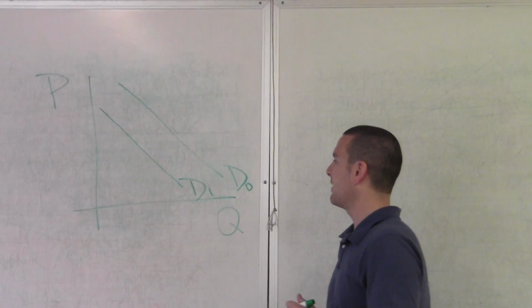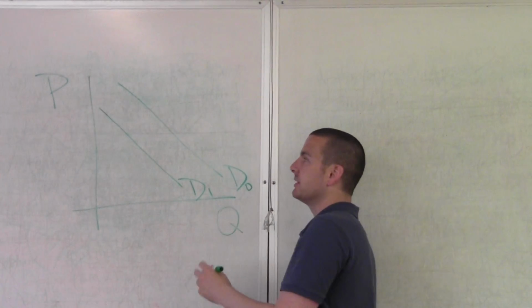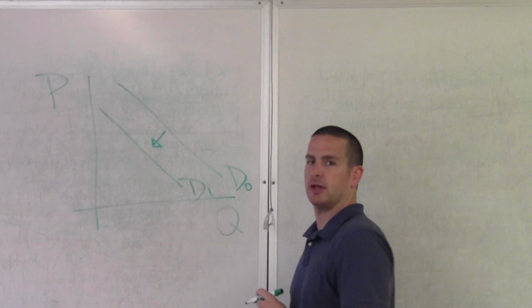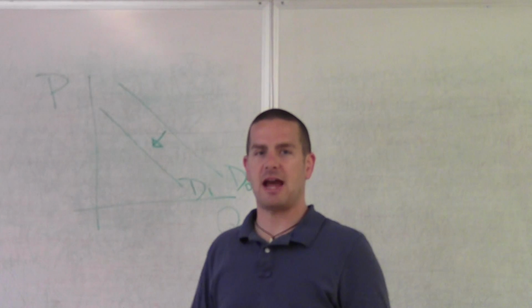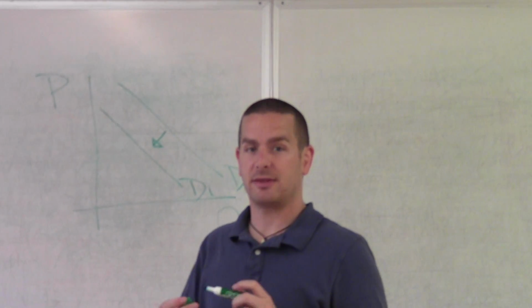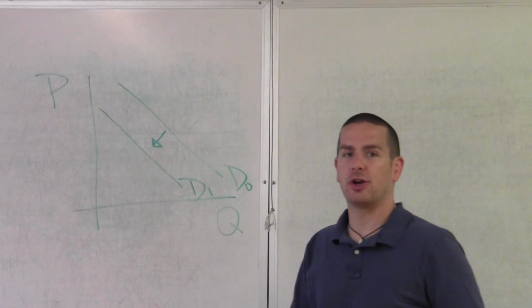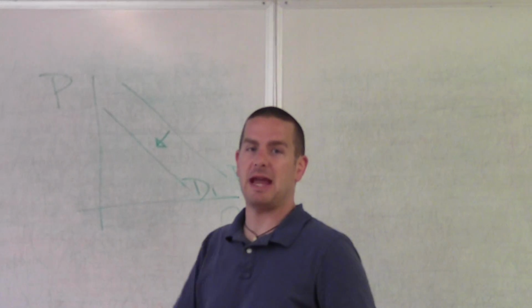Okay? You'll have a new demand curve here that shifts to the left and downwards or to the southwest. Okay? That is your demand curve in a reduced demand.